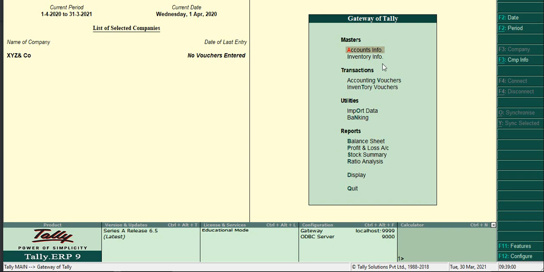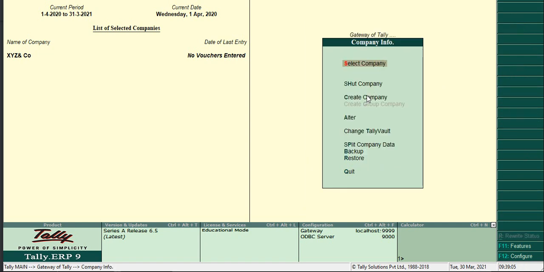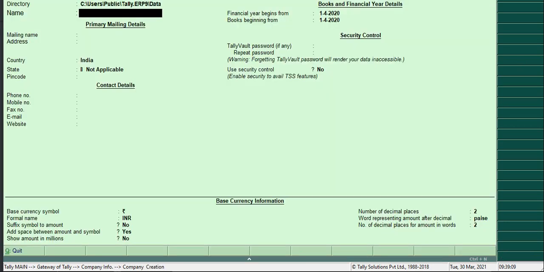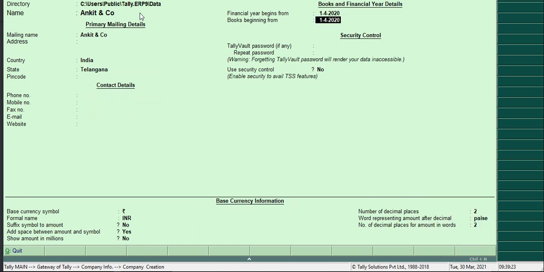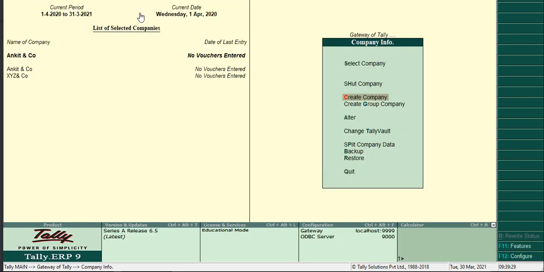Okay. So first we have to create a company. F3, create company. What is the name of the person? Ankit and Co. Enter. Here we are from Telangana. Everything is not required, I am going with Control A. Then has anyone inquired about GST numbers?